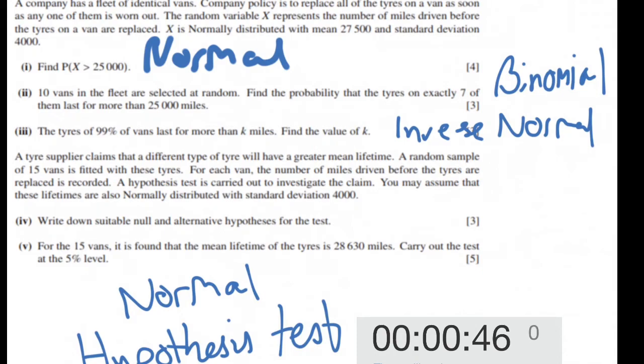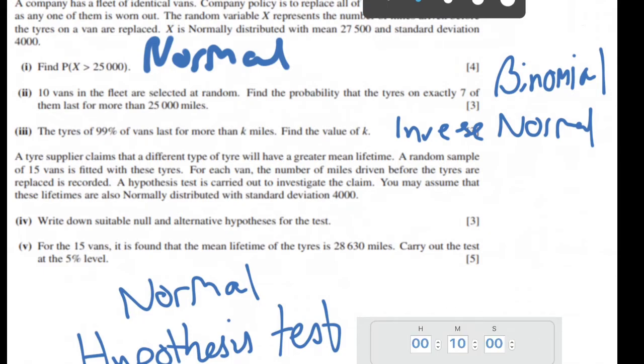Yeah, 18194.6 should be the answer. Yeah, that's the one. And last bit is the hypothesis test. I might give you guys another couple minutes because it looks like you're close to getting there, but not quite there yet. So here's the timer. I'll stop it when somebody gets it.